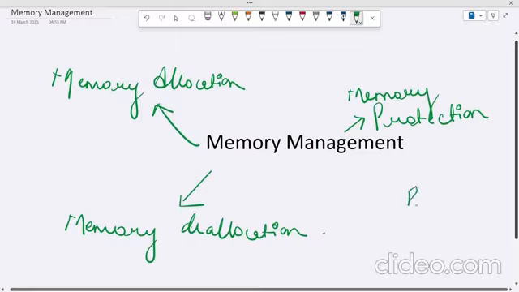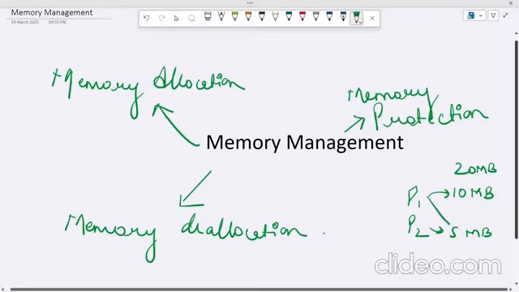Let's say we have processes P1 and P2, and we have 20 MB of space. So 10 MB goes to P1 and 5 MB goes to P2. Memory protection says that whatever memory is allocated to a particular process, that process can only access that memory.